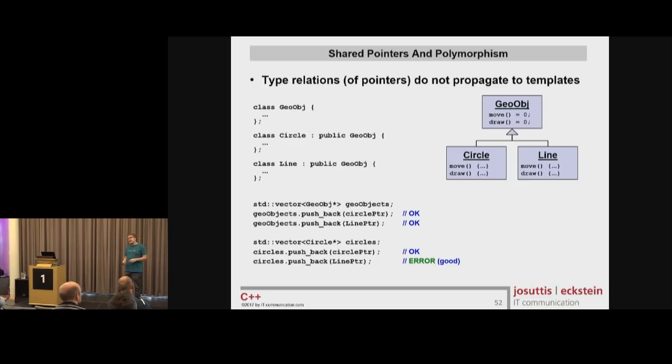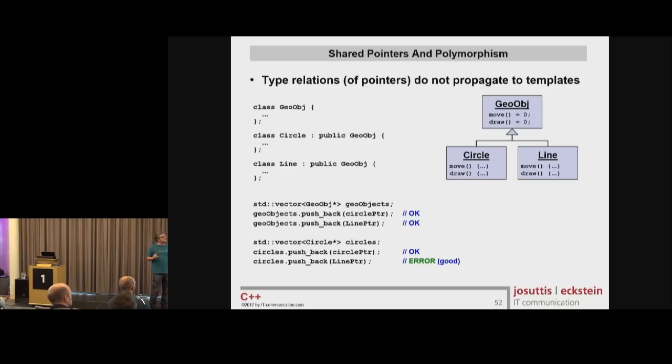Because a key feature of the is-a relationship is that you can do everything with the derived class that you can do with the base class. So if you have a collection of geometric objects, what can you insert? A circle and a line. If you have a collection of circles, it would not be very good if we could insert a line. So that's the usual logical rule we have, and that applies to inheritance and the is-a relationship in general.